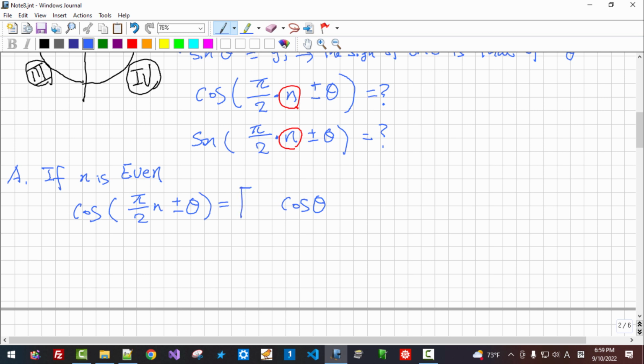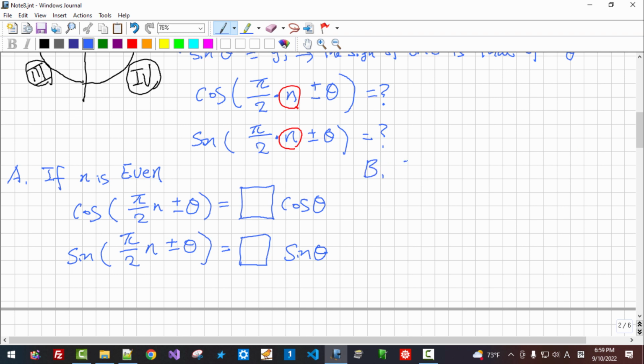We have to determine the sign. Sine of pi over 2 n plus or minus theta, if n is even, it is sine theta. We have to determine the sign of this function.